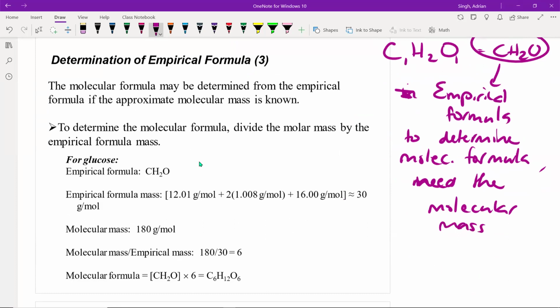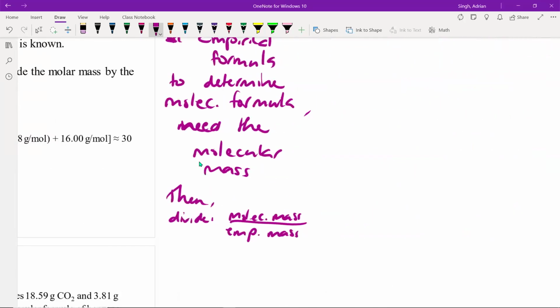And what we can do then is divide the molecular mass by the empirical mass, and that is going to give us a small whole number, which is going to be a multiplier. And what we do is multiply the subscripts of the empirical formula by it.